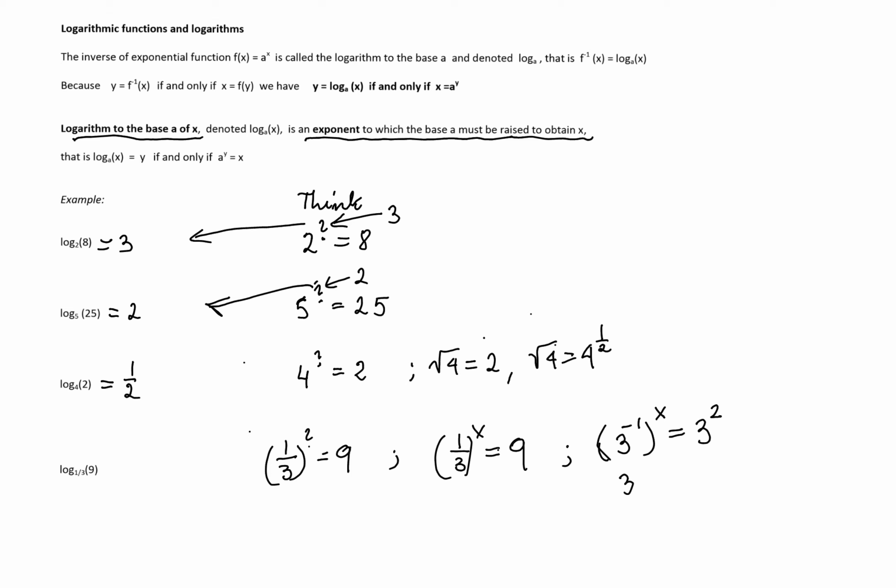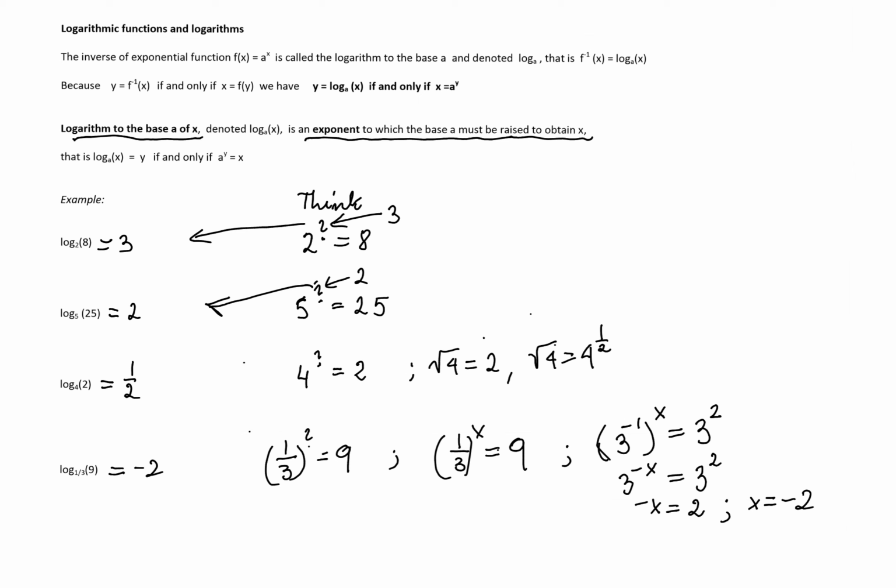This is one of the equations that we discussed in the previous lesson, because 1/3 can be rewritten as 3 to the negative first power. So we have a power of 3, and 9 is also a power of 3. So this equation reduces to 3 to the negative x equals 3 to the second power, which implies that negative x is equal to 2, or x is equal to negative 2.